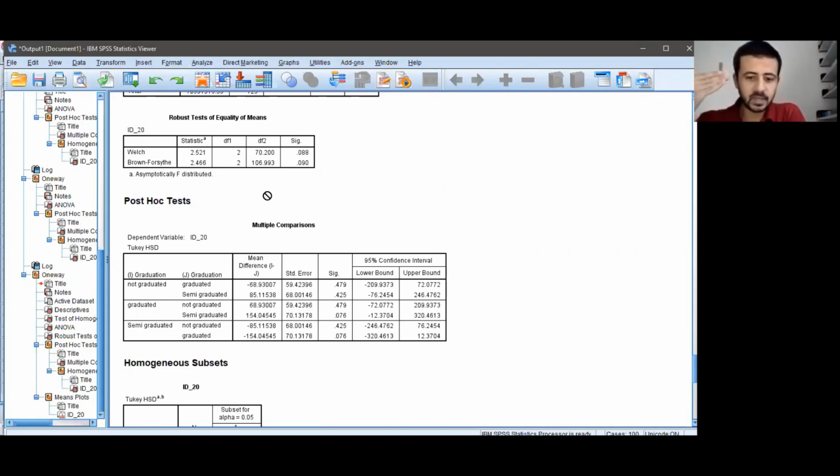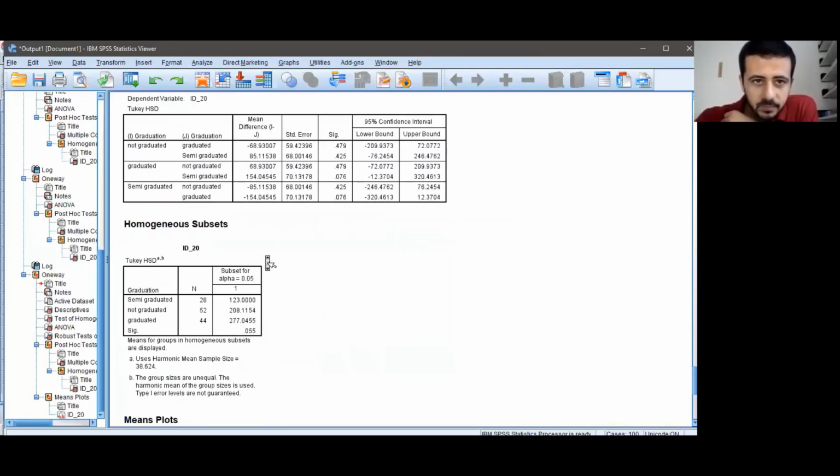Post hoc means that after I do the ANOVA test, let's understand what happened in it. The ANOVA test told us it is significant, so let's look in here and see what the significance is. This table is actually complex.